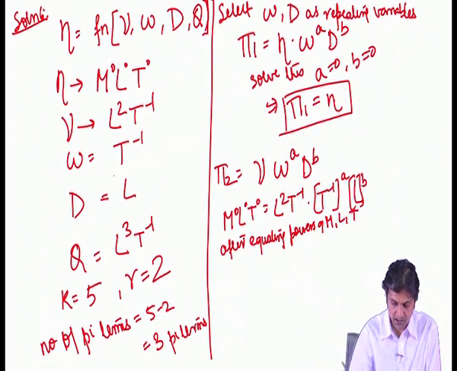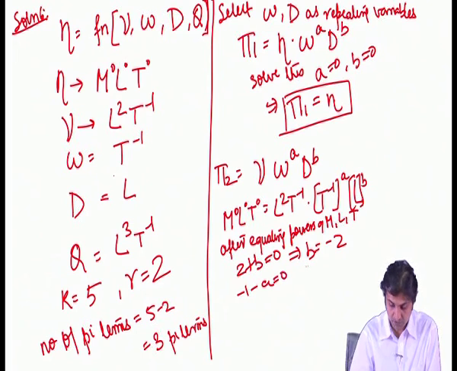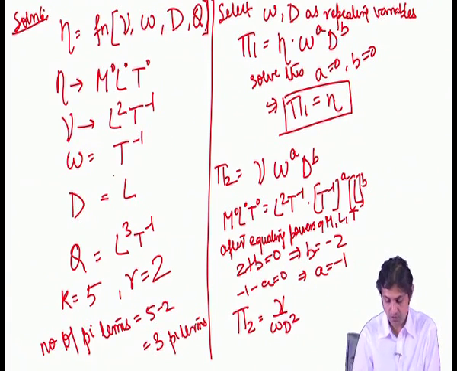And after equating powers of M, L and t, what we get is 2 plus b is equal to 0, implies b is equal to minus 2, and minus 1 minus a is equal to 0 implies a is equal to minus 1. So, our second pi term is going to be nu by omega d square.